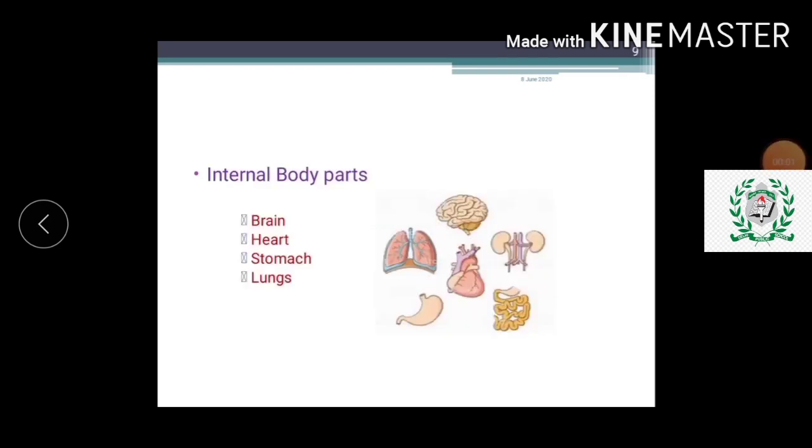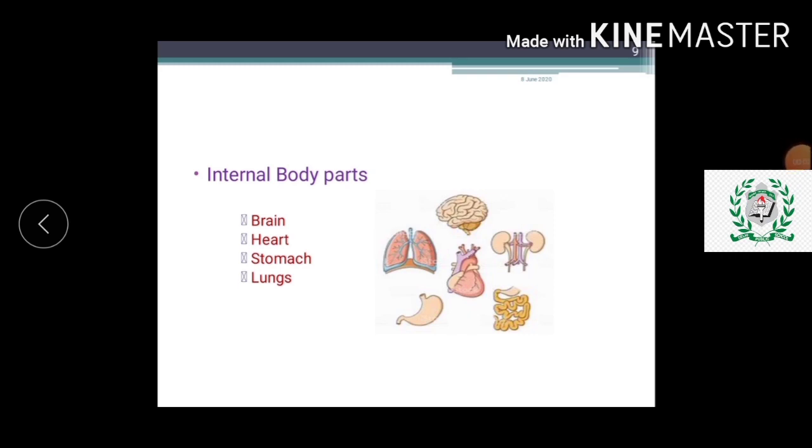These are the examples of internal body parts, also called internal organs: brain, heart, stomach, and lungs. Hope you can identify the different types of organs. You could try drawing this in your rough notebook and label its names.